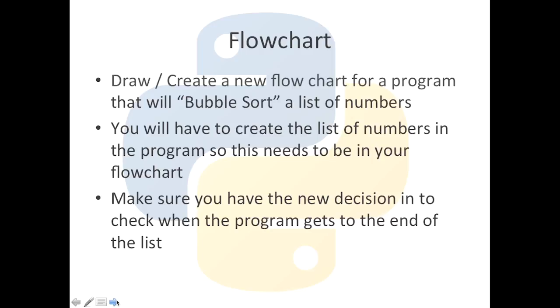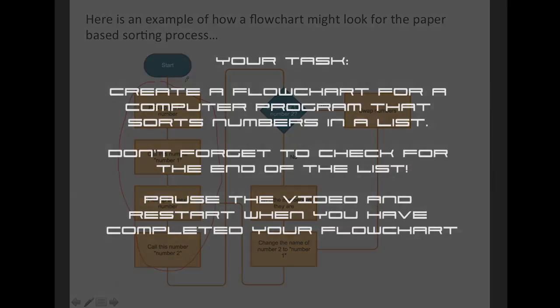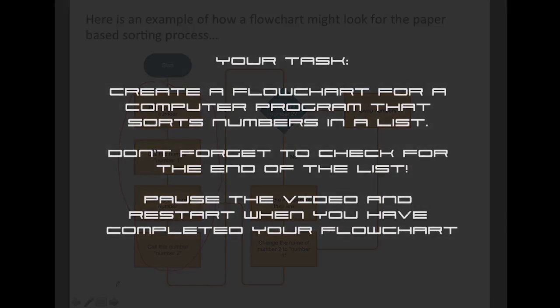I recommend that you start obviously with the terminator and then immediately create a process that generates a list of 5 numbers. If we go back to the previous flowchart, just remember that instead of picking up the first number and calling it number 1, so instead of this process, you're actually generating a list. Have a good go at this and give yourself about 10 minutes before you move on.